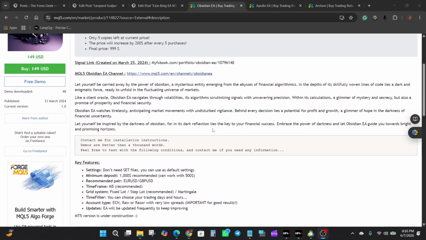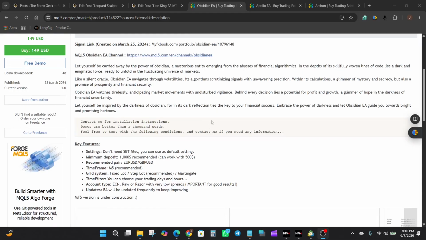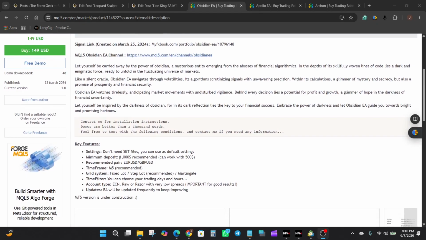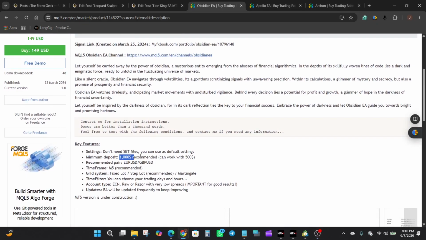Now, moving down the page, we can see some of the key operational details. The EA does not require external set files, according to the developer, meaning it can be used with the default settings. The recommended minimum deposit is $1,000, although the developer mentions it may also work with $500.